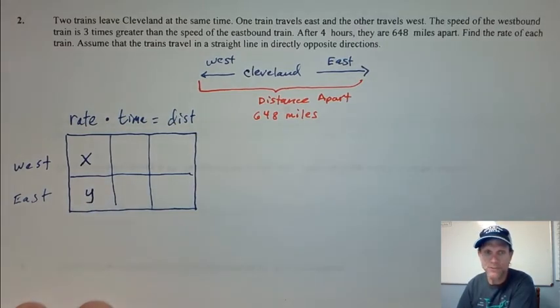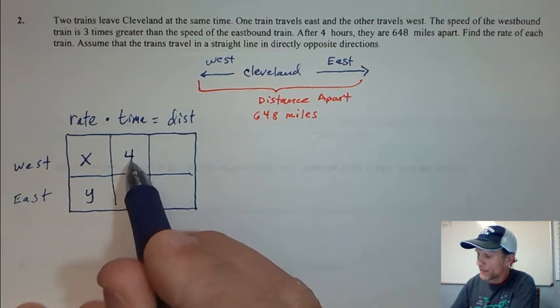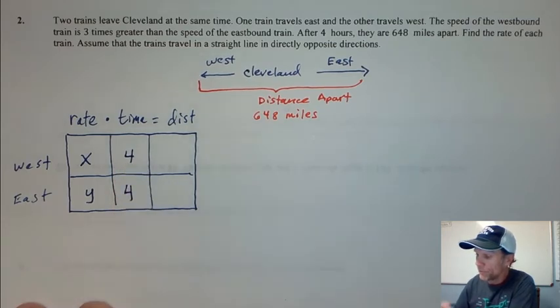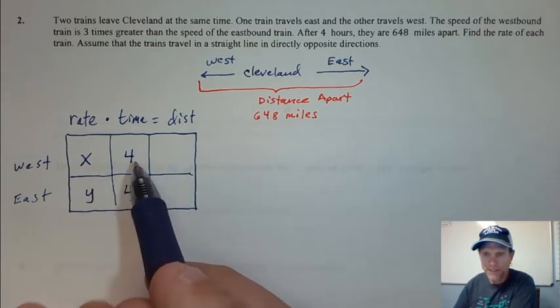Now you could do this in one variable, but since we're in module 9, I'm going to show you using two variables. So the time that these two trains travel is both 4 hours, and then we can make this column by multiplying the rate and time together.